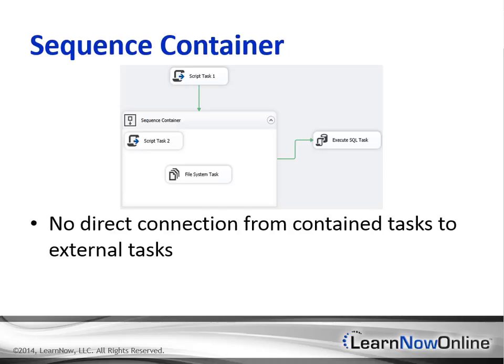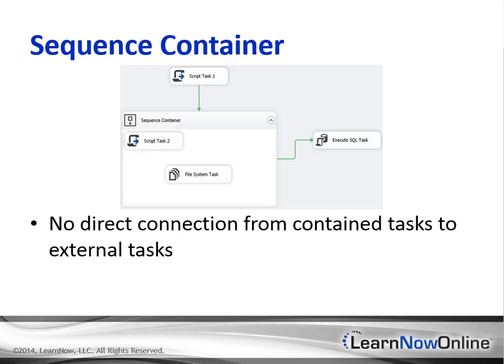All right, so this is just one of many possible configurations that you can use with a sequence container. Now, notice that in the figure there's no direct connection to or from either of the contained tasks to any tasks outside of the container. You can't make that kind of direct connection. So I couldn't do a direct connection from script task 2 to the Execute SQL task.